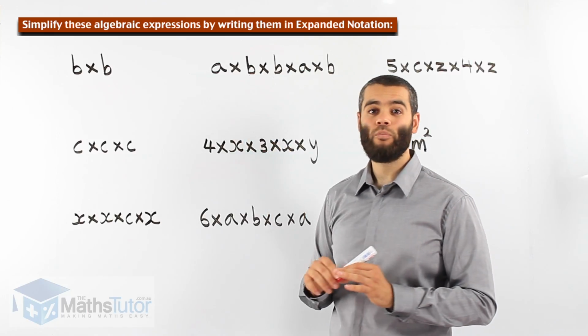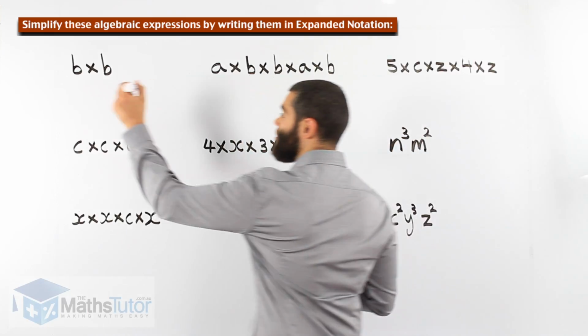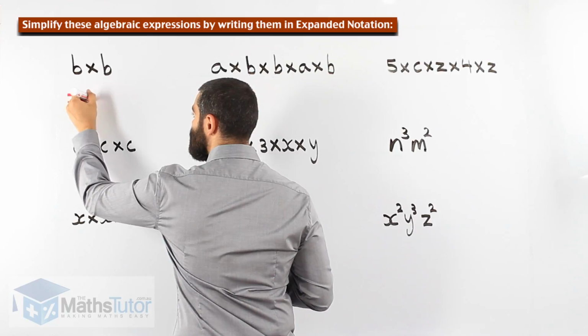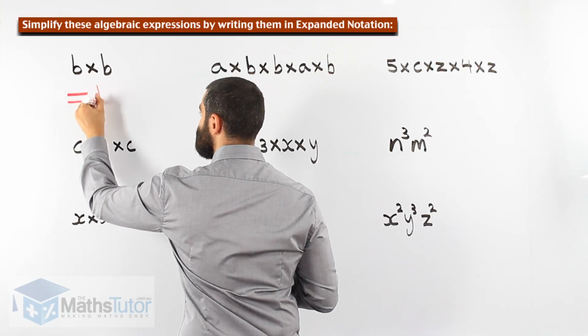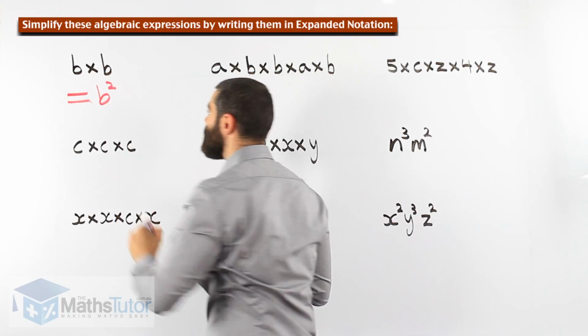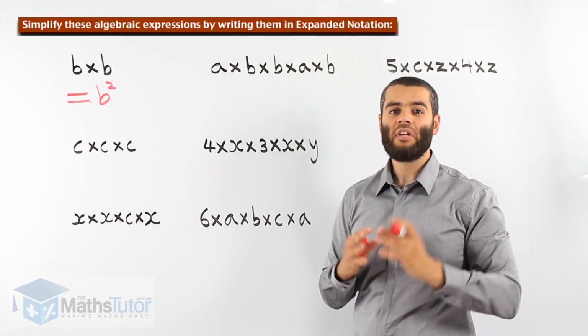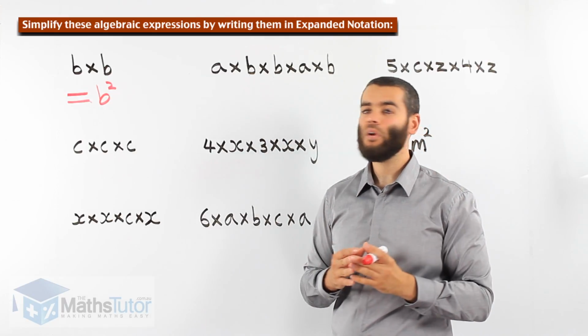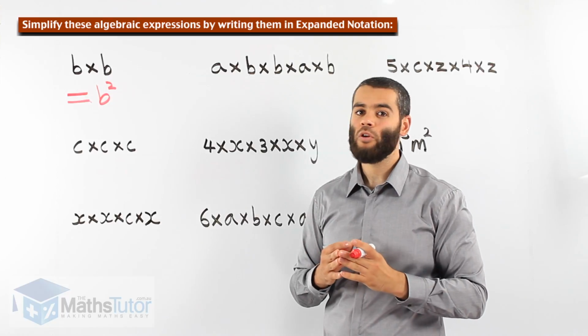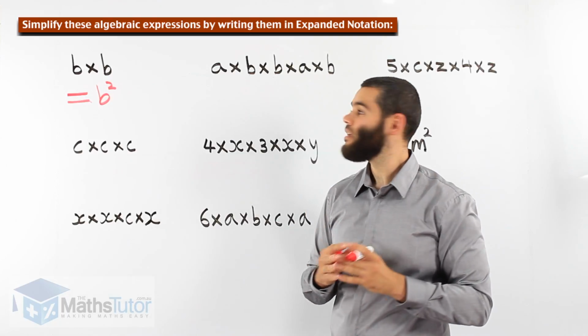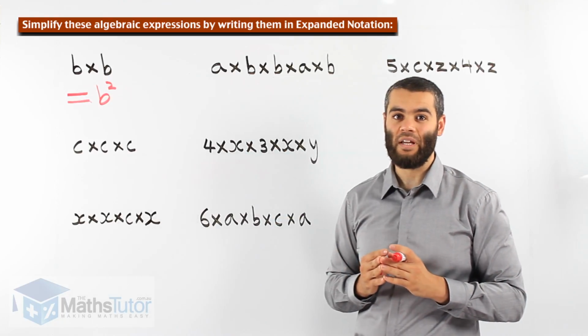Let's see how we can do b times b. b times b is b squared. Like we said, 5 times 5 is 5 squared. In algebra, the pronumerals behave in exactly the same manner. b times b, b squared.